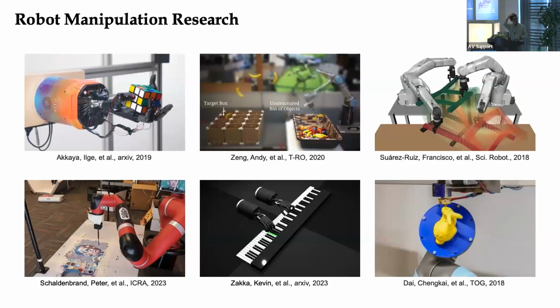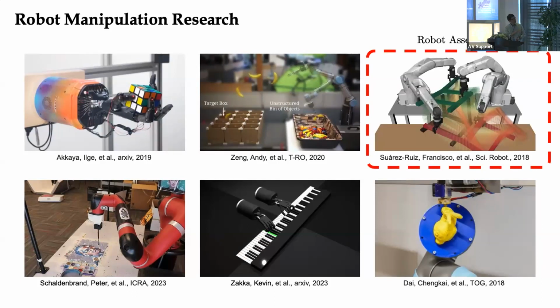There has been a lot of work done in terms of enabling the autonomy of robotic manipulation. Some of the work in the AI research community involves using a robotic hand to solve the Rubik's Cube, play the piano, draw, throw objects, and different ways of doing additive manufacturing. But one of the things my research group is focusing on is robot assembly.